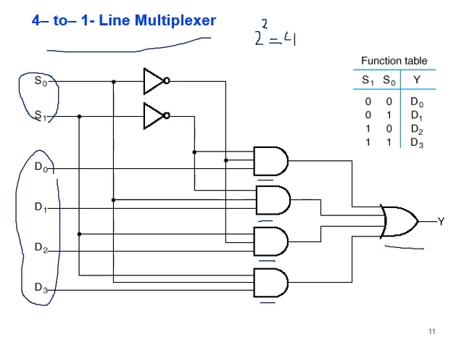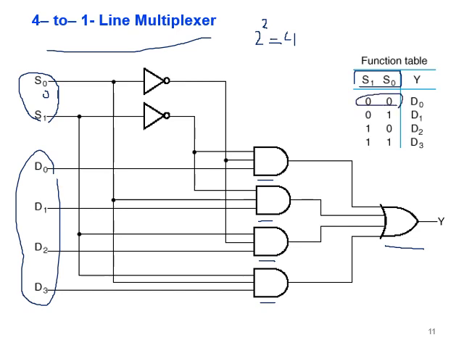We need S0, S1 to simulate 0, 1. So S could be 0, it could be 1. So the options I have for S1 and S0 are 0,0, 0,1, 1,0, 1,1. And it's connected here. Let's take the first situation when it is 0,0.